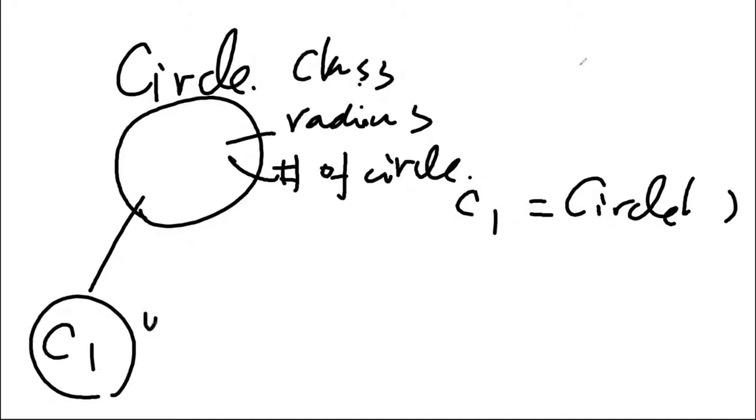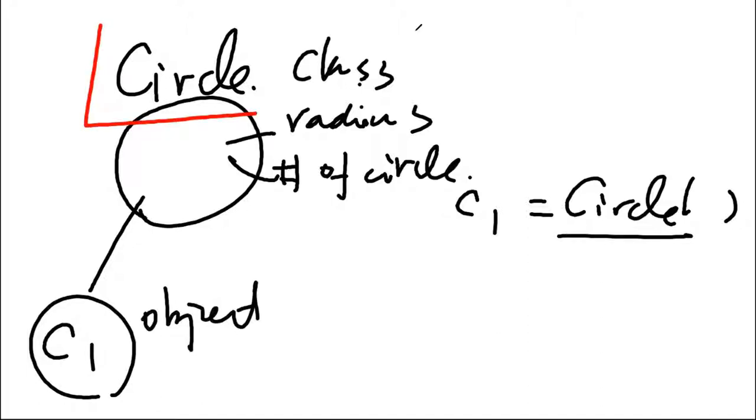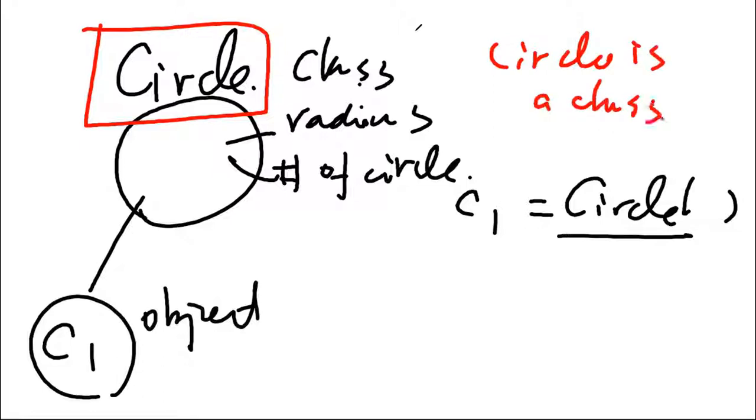So this C1 is an object, and Circle is the class. So Circle is a class, and C1 is an object. So what is object and what is class? Can you understand what it is now?